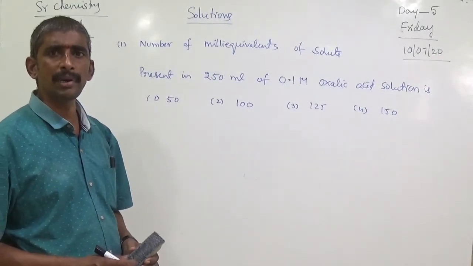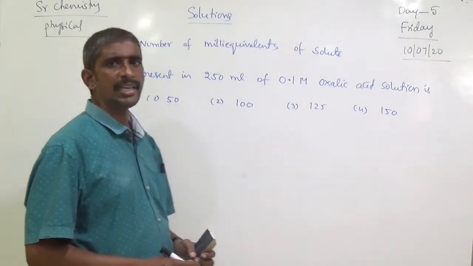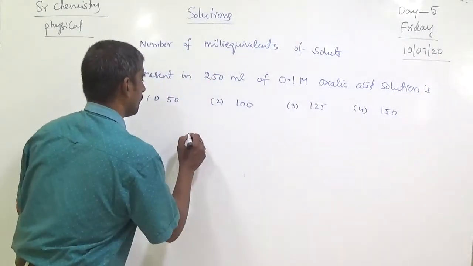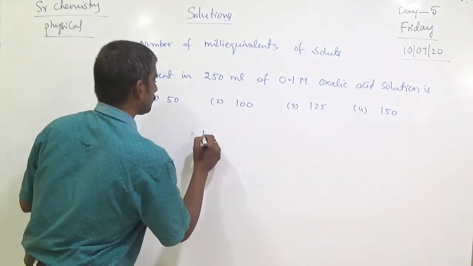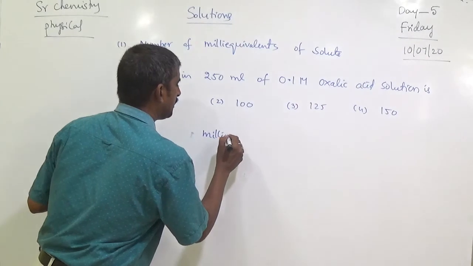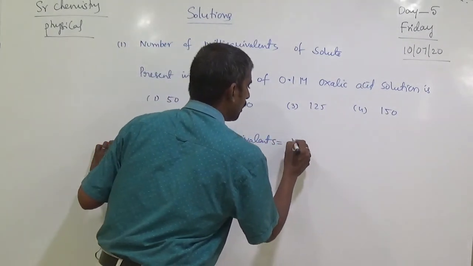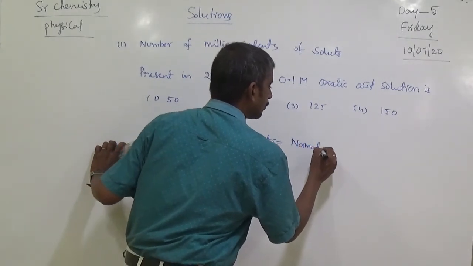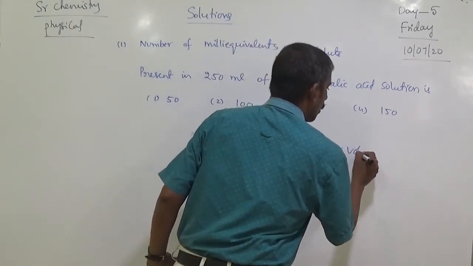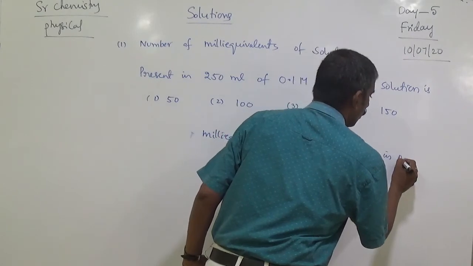How can we calculate milli equivalents? The formula is milli equivalents equals normality into volume in ml.